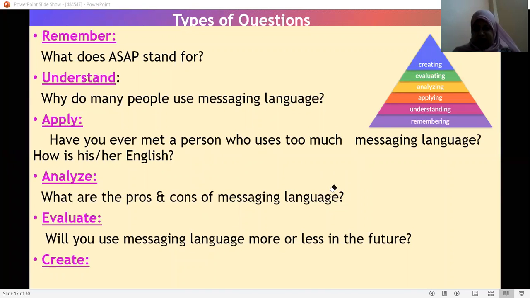Why do you think messaging is important? Yes. Can you form other? Okay, perfect. My question is a little difficult. How can messaging language be effective in learning English?